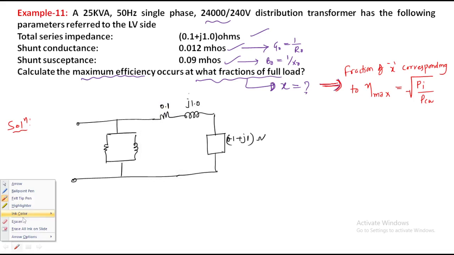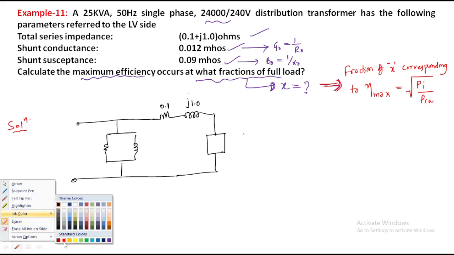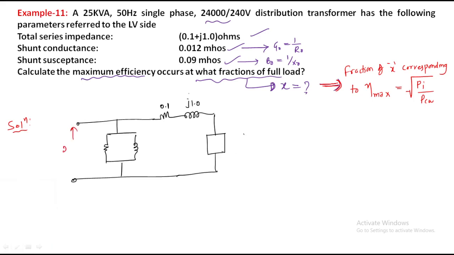Load is not given, so there is no bother. Given that the supply voltage is 240, and this is given as 0.012 mhos, and this is 0.09 mhos. Clear? Okay, this is R01, X01.